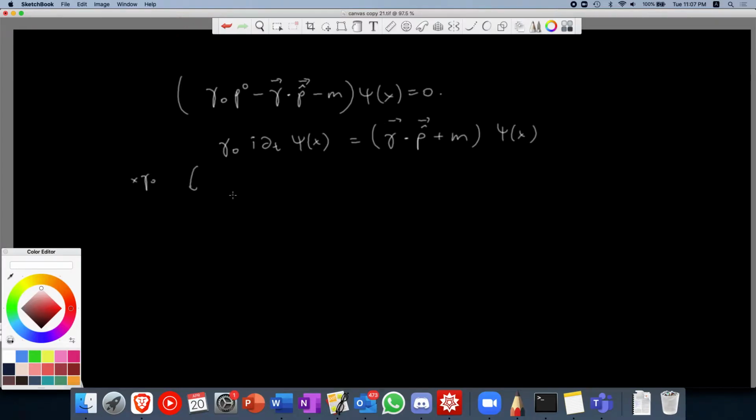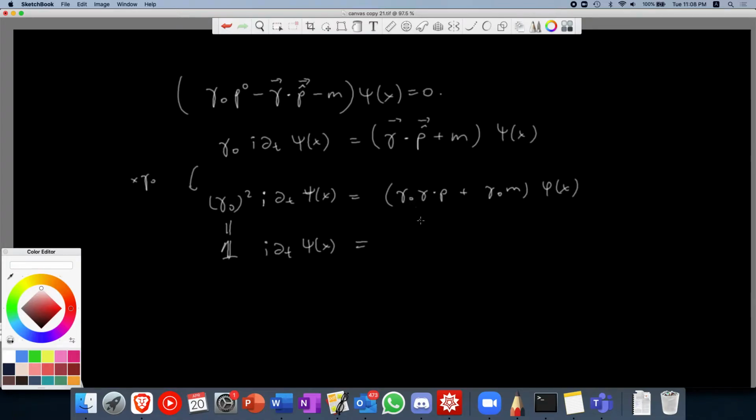So when you multiply, then gamma naught squared i d/dt of psi equals gamma naught gamma dot p plus gamma naught m, psi, and because gamma naught squared is equal to the identity, it's just 1, the identity matrix.